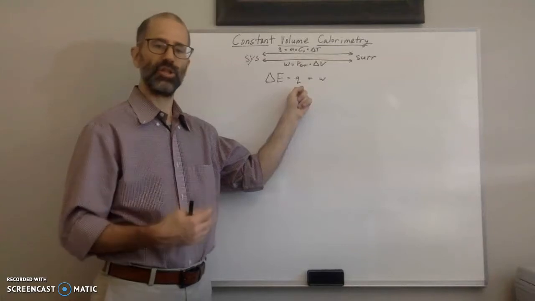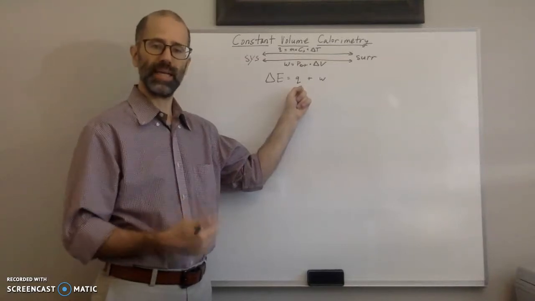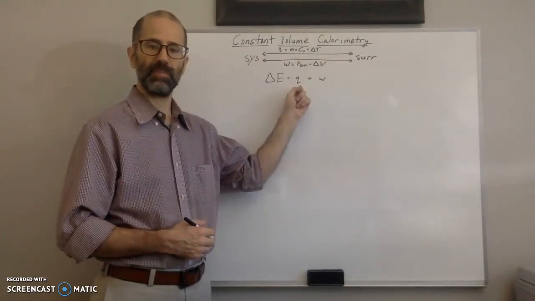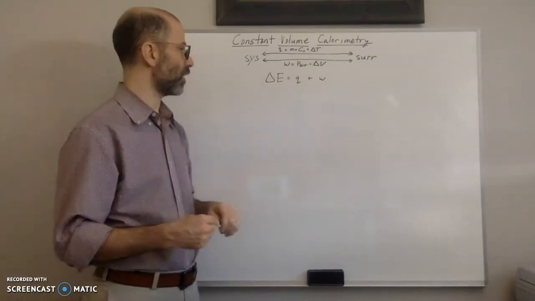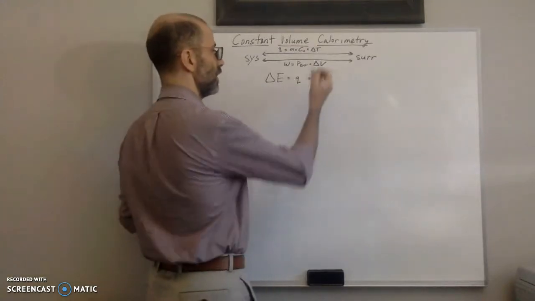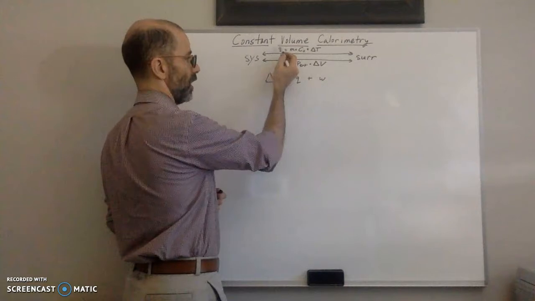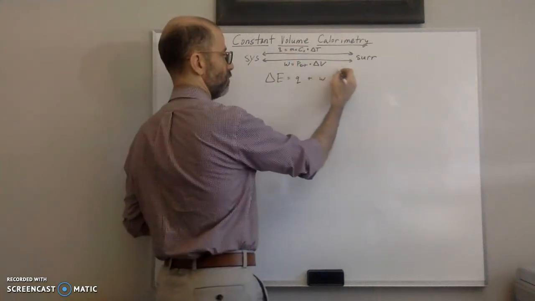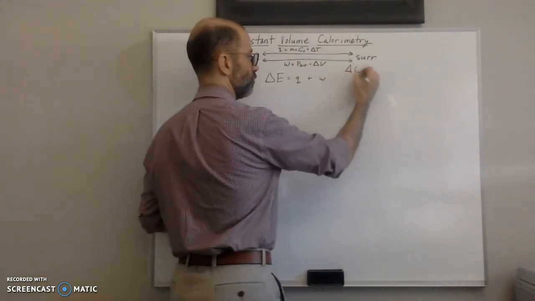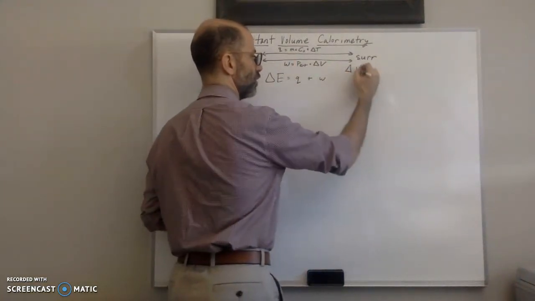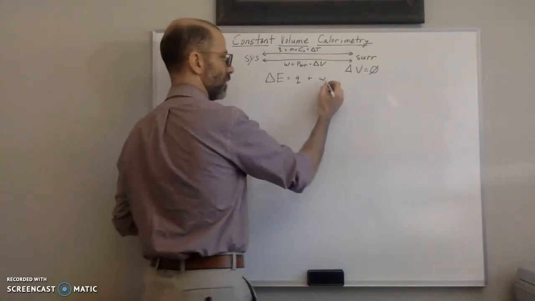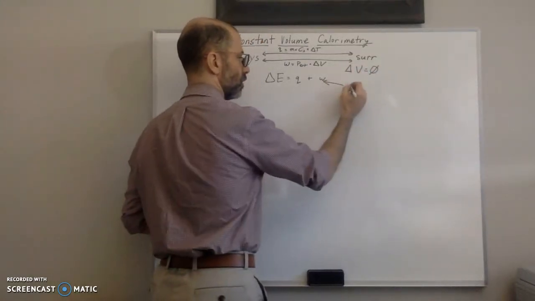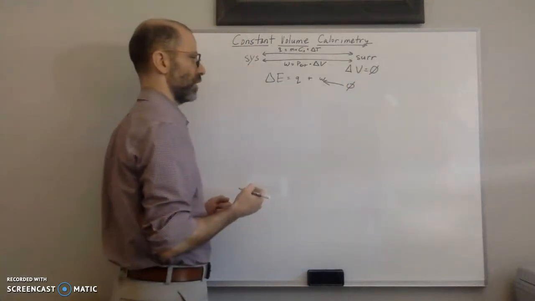So we can measure the total amount of heat instead of having to deal with work. So we could simplify our equation. If we keep the volume constant, then the change in volume would be 0. So then that means that work would be 0 as well.